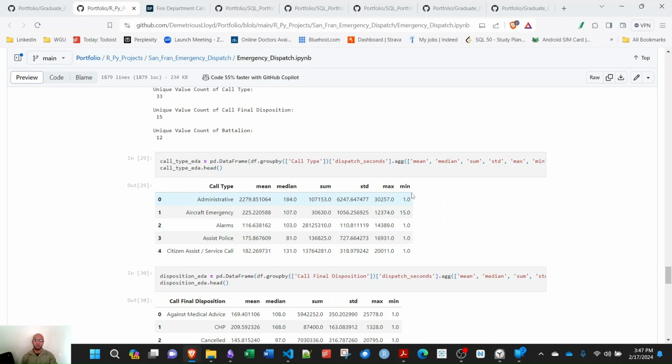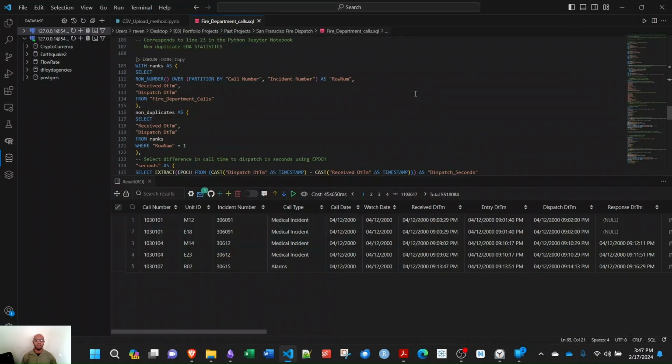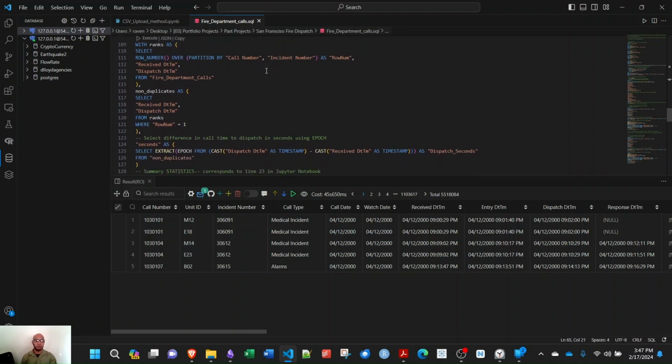So I tried to replicate this outcome that you would get in SQL. That part is not always as easy. Python's describe or ability to pull statistics quickly does trump SQL in that manner. But it doesn't matter when you're working with a database.